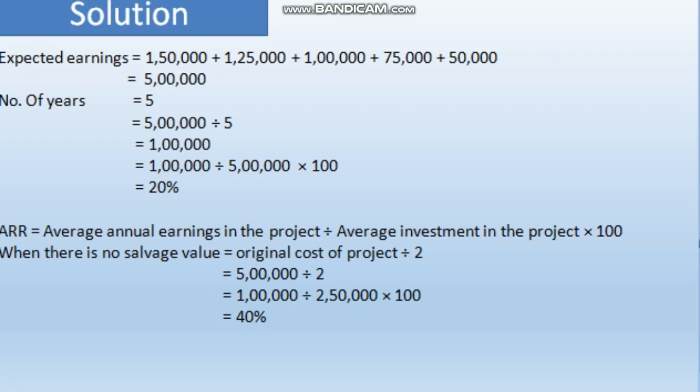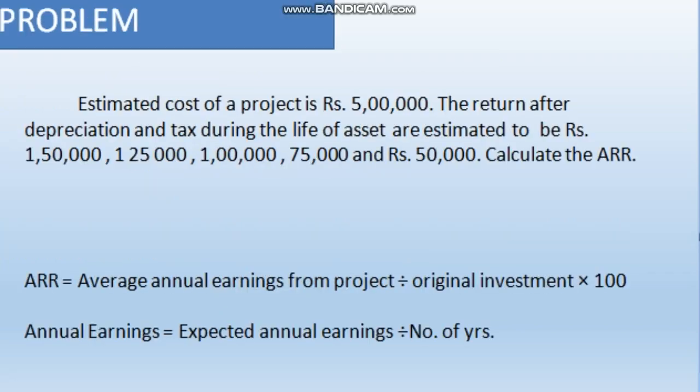So we calculate expected earnings divided by number of years. Here the total expected earning is 5 lakhs and the number of years is 5. So 5 lakhs divided by 5 is 1 lakh. So 1 lakh is the annual earnings. Annual earnings means on average, in a year it earns 1 lakh rupees. And the formula for calculating ARR is average annual earnings from project divided by original investment into 100.